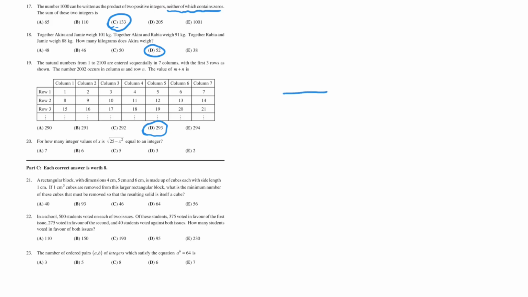The square root of 25 minus x squared is an integer, and that means 25 minus x squared must be greater than or equal to 0, so we cannot take the square root of a negative number. So 25 minus x squared is greater than or equal to 0. That means x squared is less than or equal to 25.